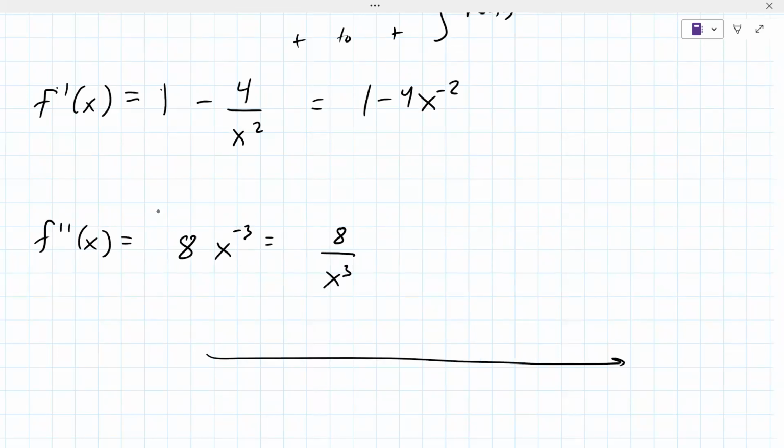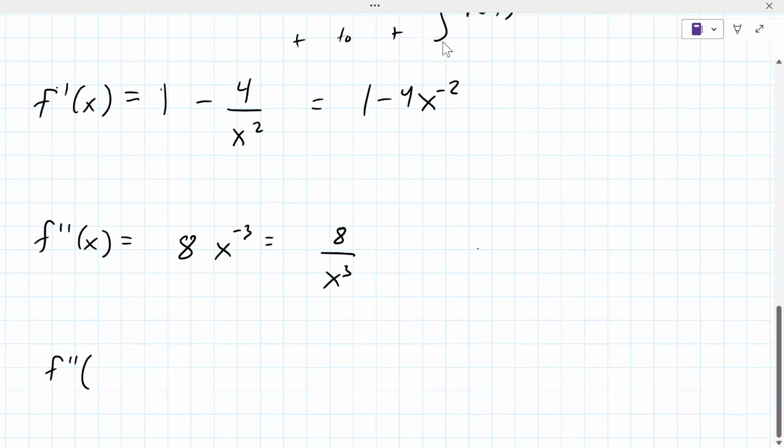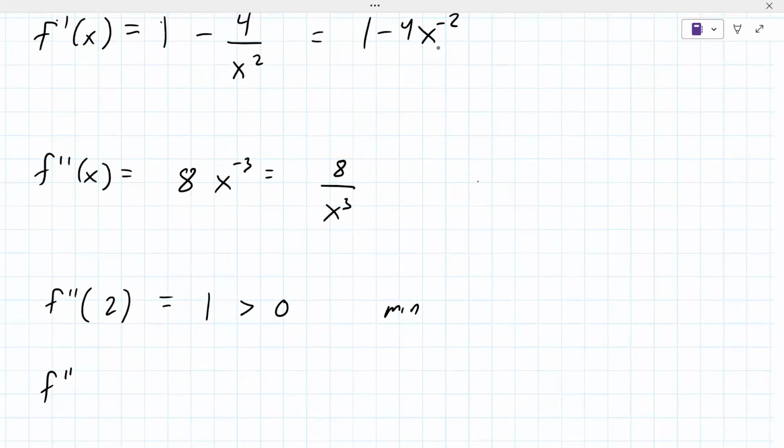So now the reason this is so nice is if you test your critical points, so you do f double prime of your critical point 2, which ends up being 1. Since this is greater than 0, you know that it's a min. That's what the second derivative test says. F double prime of -2 ends up being -1.